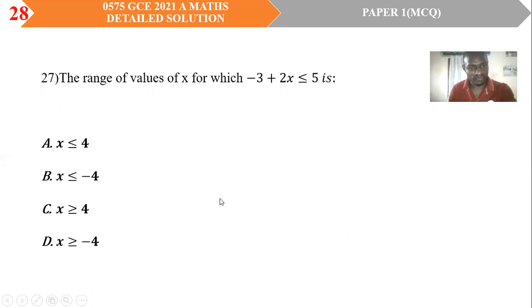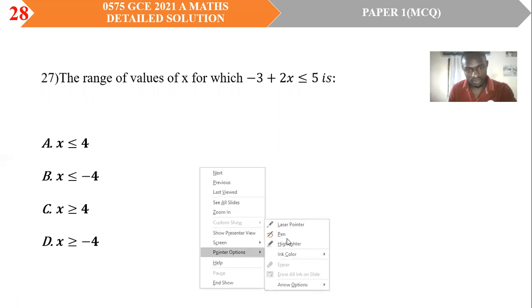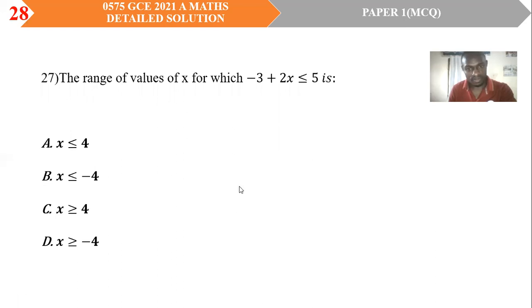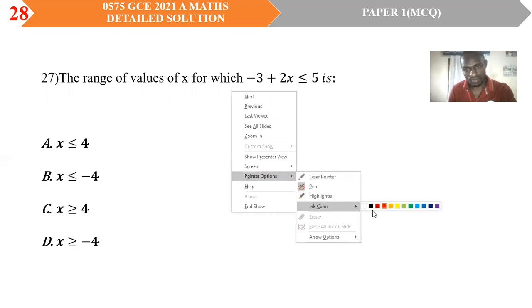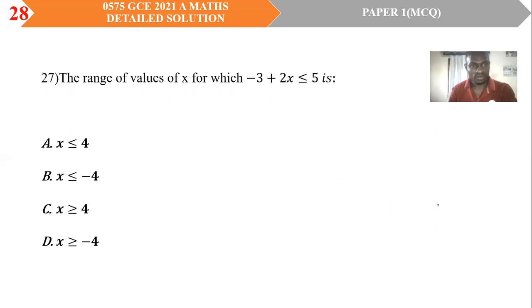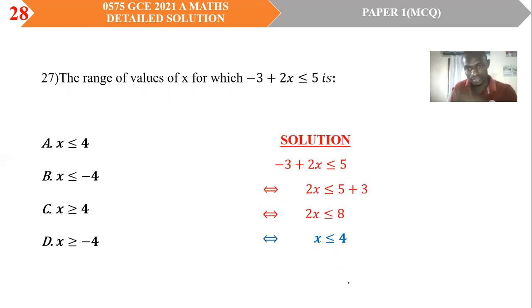Question 27. The range of values of x for which the inequality -3 plus 2x is less than or equal to 5 is... Solution. -3 plus 2x is less than or equal to 5 if and only if, we recall the basic laws of inequality. To remove -3, we add 3 on both sides.